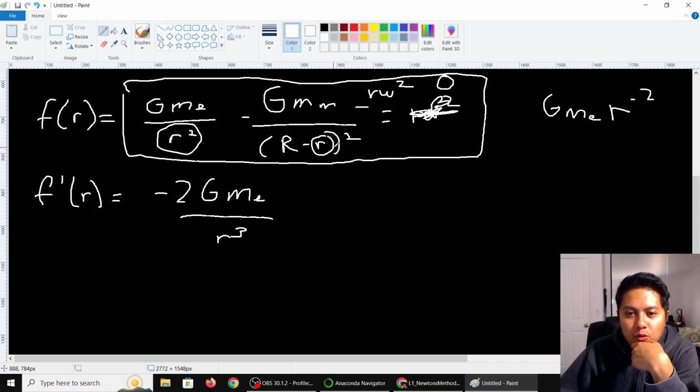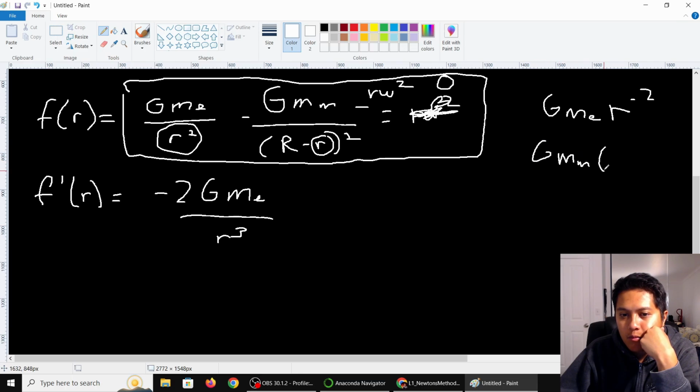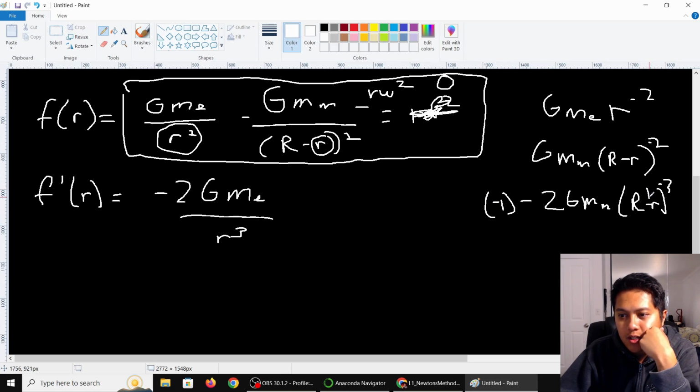So basically we're going to have a chain rule going on here because we have a big R minus little r squared. So this term, G M_moon over big R minus little r squared, oh sorry, that's minus 2, becomes 2 G M_moon over big R minus r cubed, times a negative 1 because of the minus sign on the little r right there.